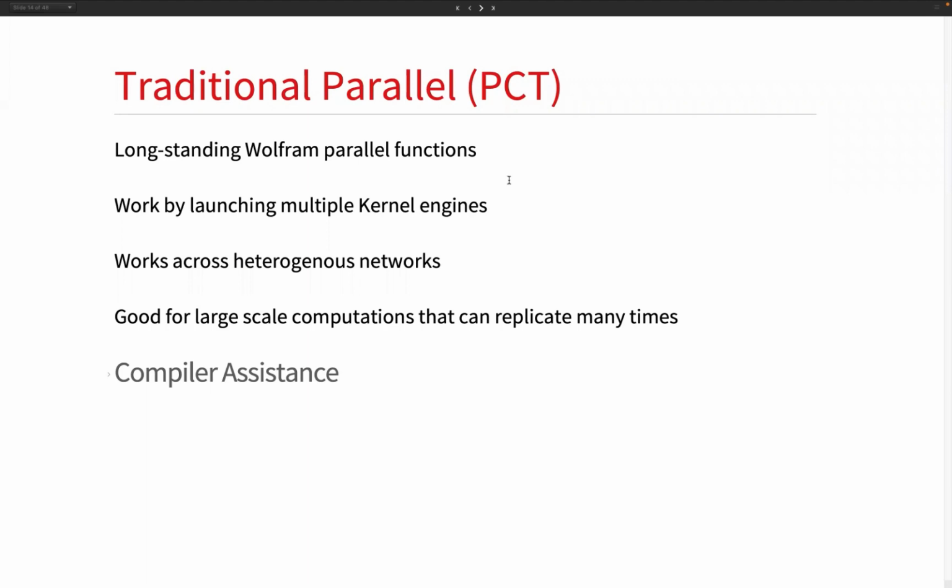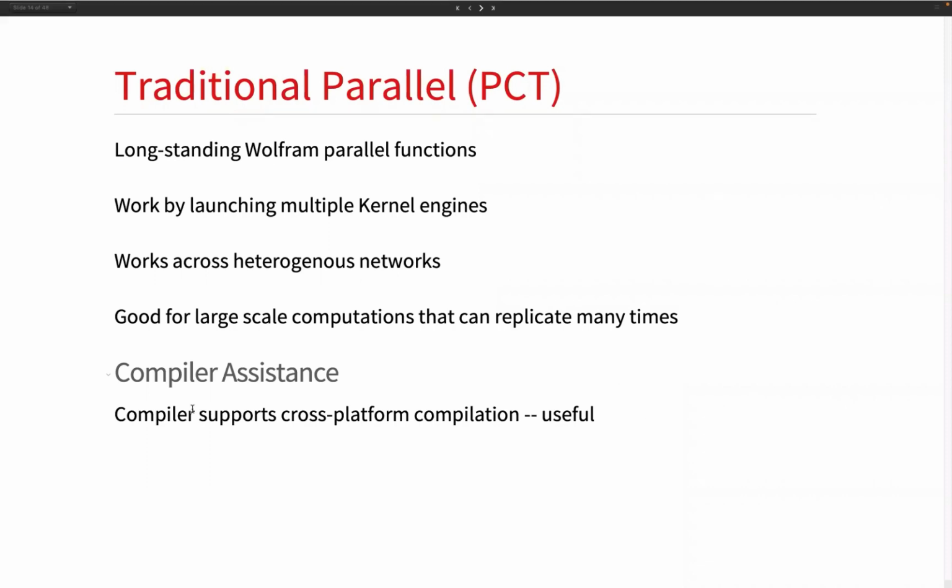It's good for working with heterogeneous networks. Since it's not sharing memory, if it's going across a network or even across processes, there's some cost to interactions and some cost to moving data. But it's good for large-scale computations that can be replicated many times.